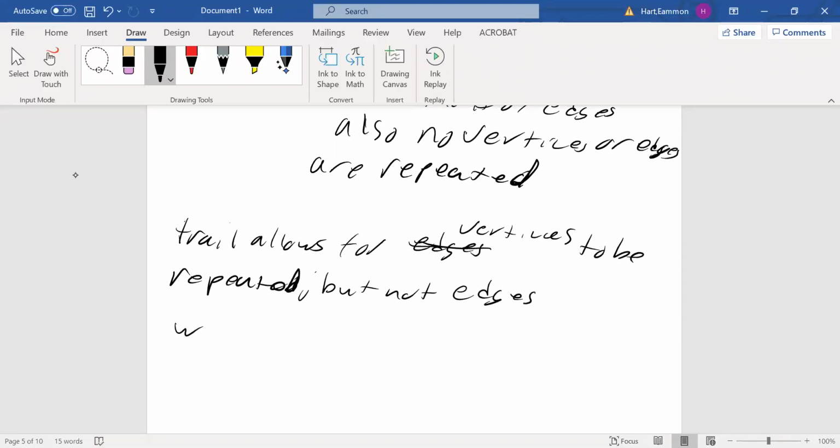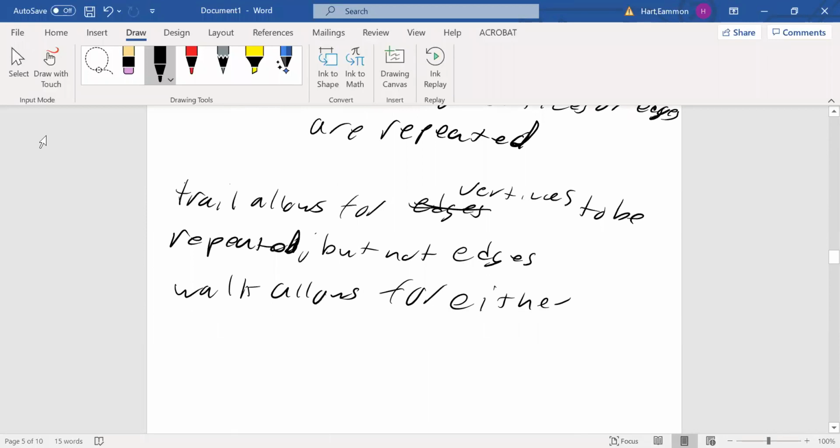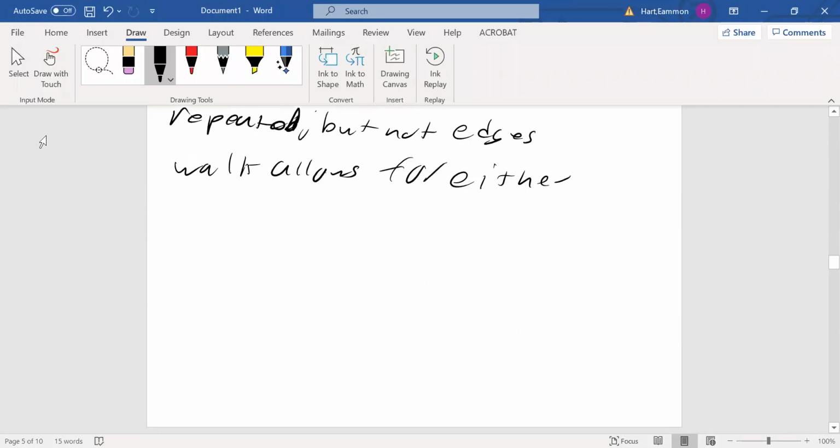And a walk allows for either. So if it's a path, then it's also a trail. And if it's a trail, it's also a walk. I'll give you guys an example of that.